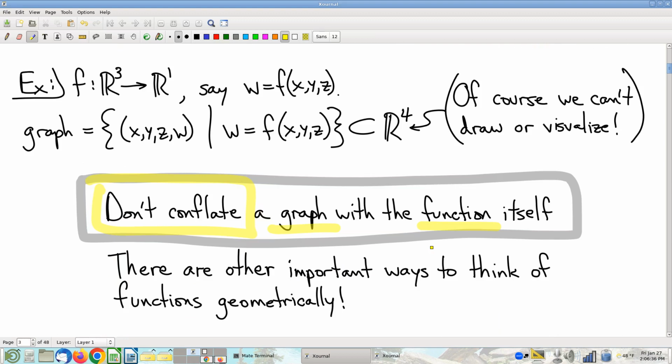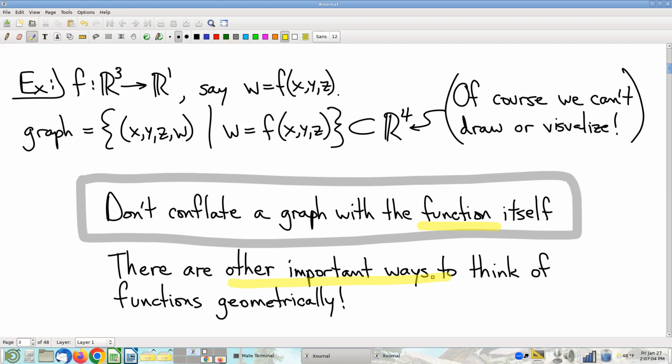So heads up, we're going to have several other ways that we're going to represent functions with pictures. Fundamentally different constructions. And you've got to see the distinctions between them, because the geometric features of the pictures will say very different things about the function.